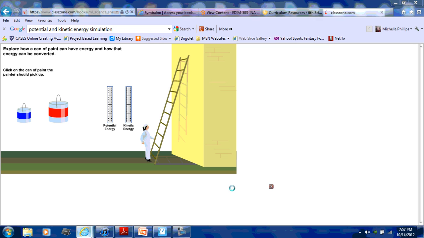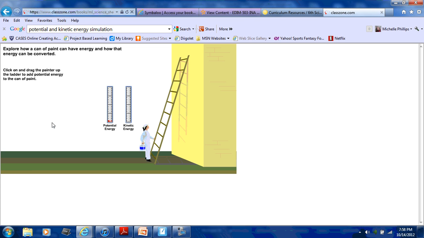Let's also look at this simulation of a painter. We're going to explore how a can of paint can have energy and how that energy can be converted. So we're going to pick one of the paint cans, obviously, by looking at the size. This is telling us that the blue has less mass than the red. So let's select the blue. Right now it has a very small amount of potential energy because of its height from the ground.